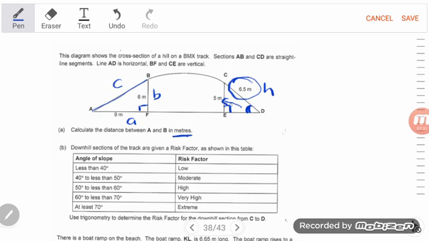So, if that's the case, this makes CE our opposite side. So, we've got SOHCAHTOA. We've got our O, we've got our H, which is this one. So, we want our sine rule.